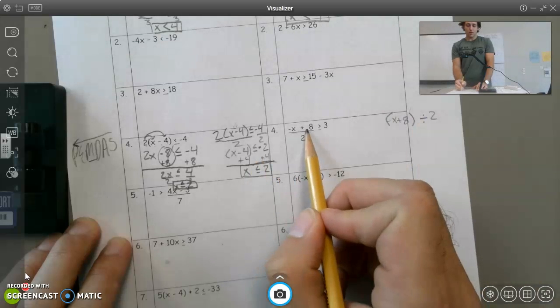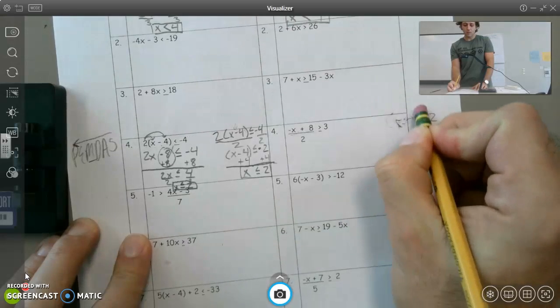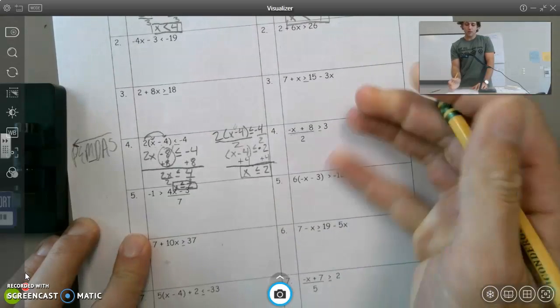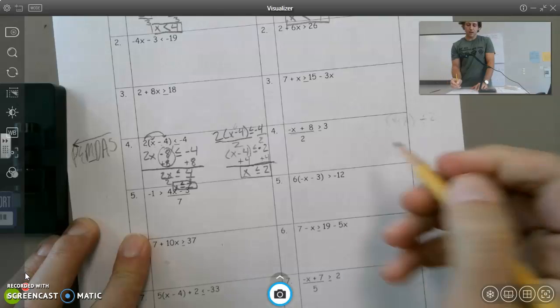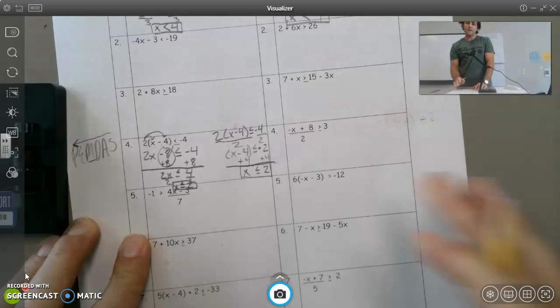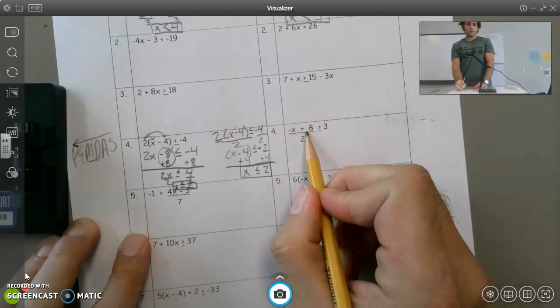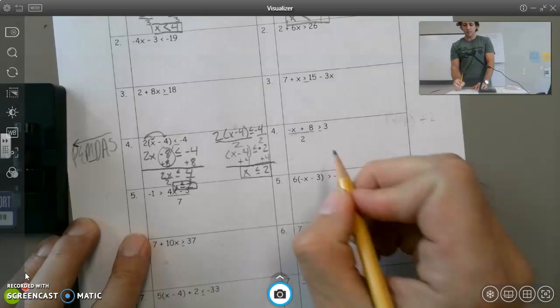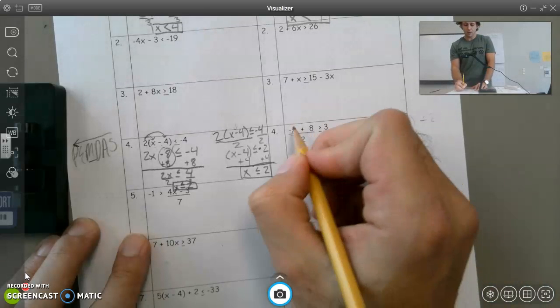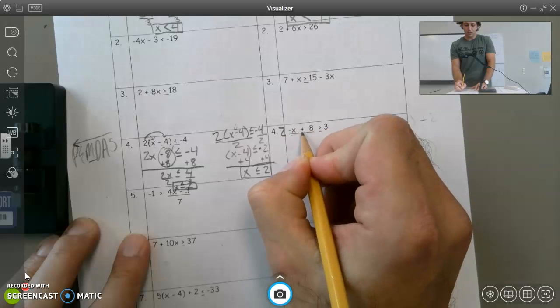So this numerator is a grouping tool. We may not be used to it as a grouping tool, but it is. So we have to think about it as such, and we're going to come to this expression, negative x plus 8. That's the last thing we're going to deal with because we have to treat this as parentheses or as a group. So the first thing we're going to do is multiply by 2 because we are undoing this division by 2.